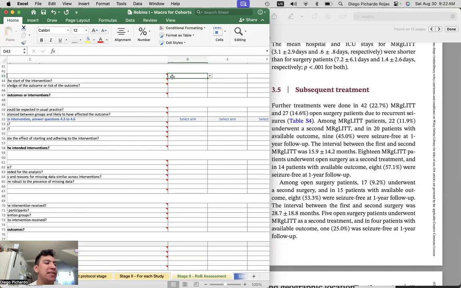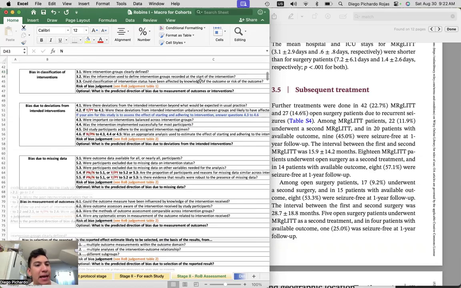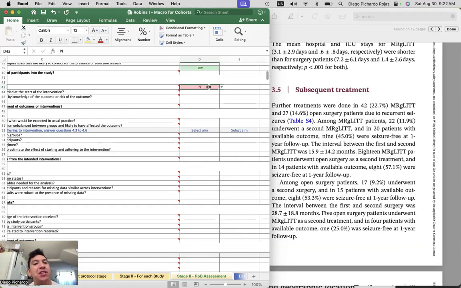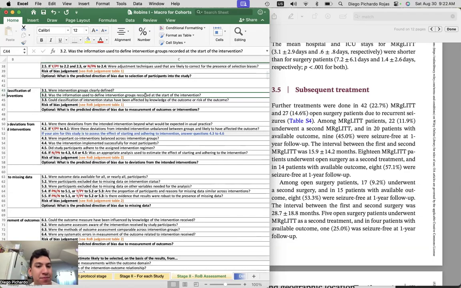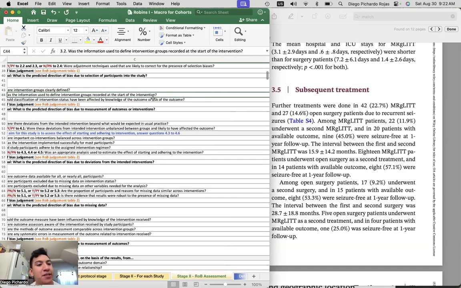But imagine that you're doing a study on a medication and the dosing regimens are very uncertain. That would be pretty bad, you know? But in this case, the intervention groups in surgeries are usually very well defined, you know? Was the information used to define interventions recorded at the start of the intervention?